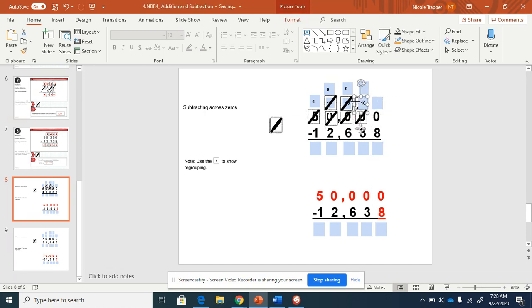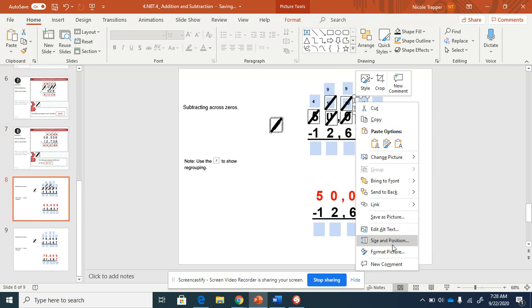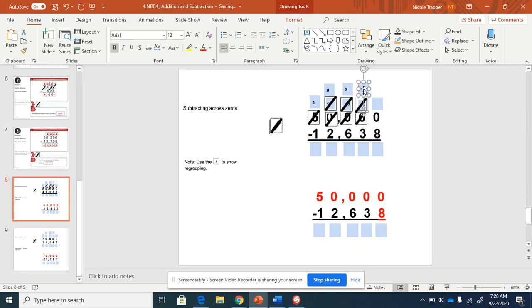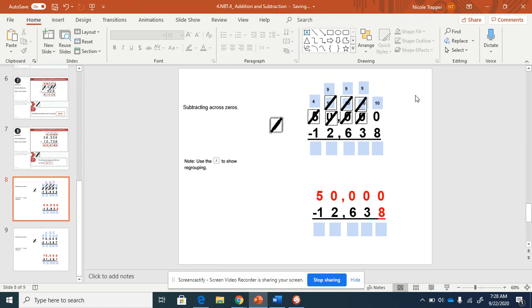If it goes to the back, you could right click and say bring to front, and then I'll bring it in front. Or on your iPad, you would double click on that. So now that I have to take 1 away from my tens, I need to make that 9 tens. And finally, I will have 10 ones. So now I'm able to start subtracting.